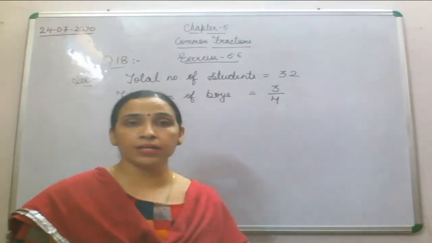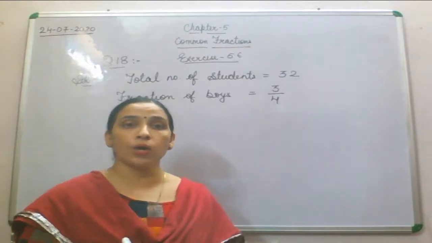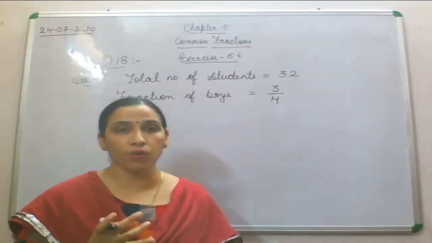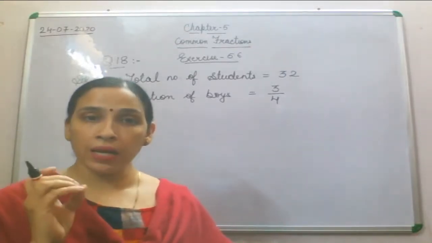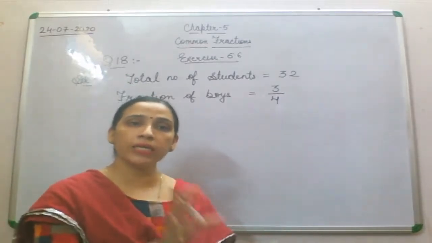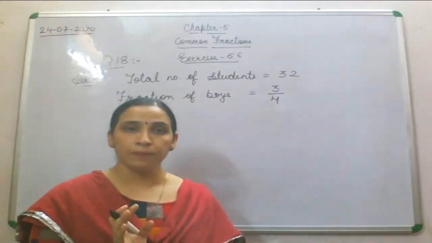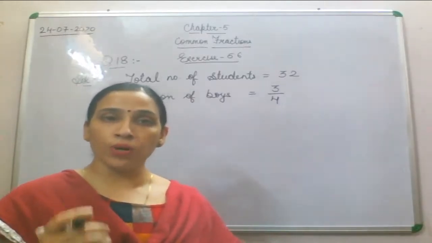Before we find out the number of girls, we have to find out the number of boys. If we subtract the number of boys from the total number of students, we will get the number of girls. Are you understanding it? What is given?